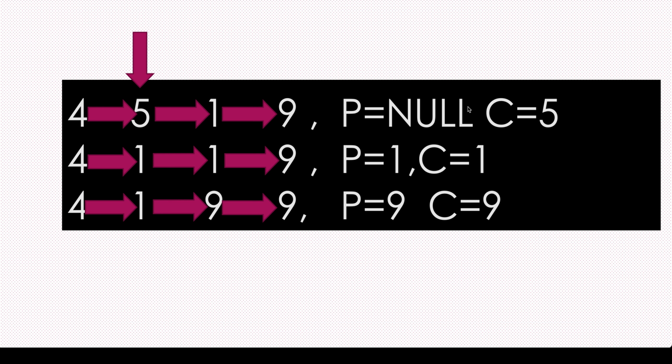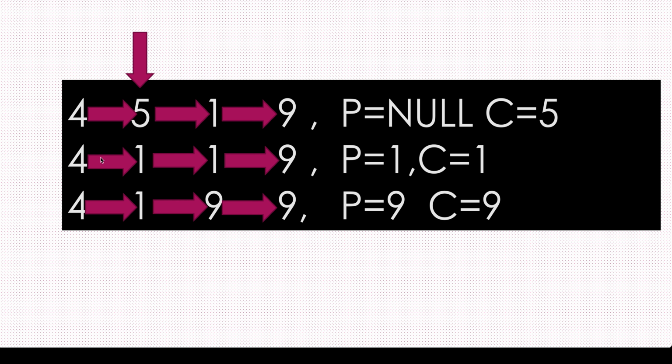Since we have the current, we can get the current next. So we'll replace the value of the current with the value from the current next. The current next value is 1, so we'll replace 5 by 1.